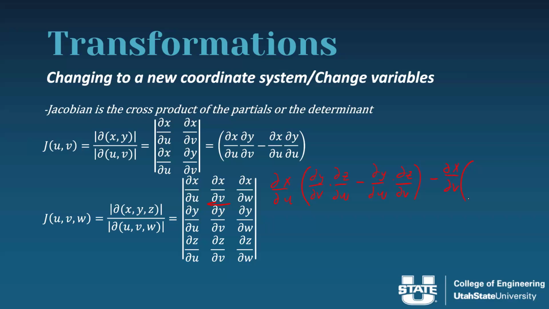Times, and then that would be the partial of y with respect to u times the partial of z with respect to w, minus the partial of y with respect to w times the partial of z with respect to u. Exactly. And then so on and so forth, and then you would add the last term. But yeah, that is how you take the determinant of a, that's called the determinant of a 3x3 matrix.